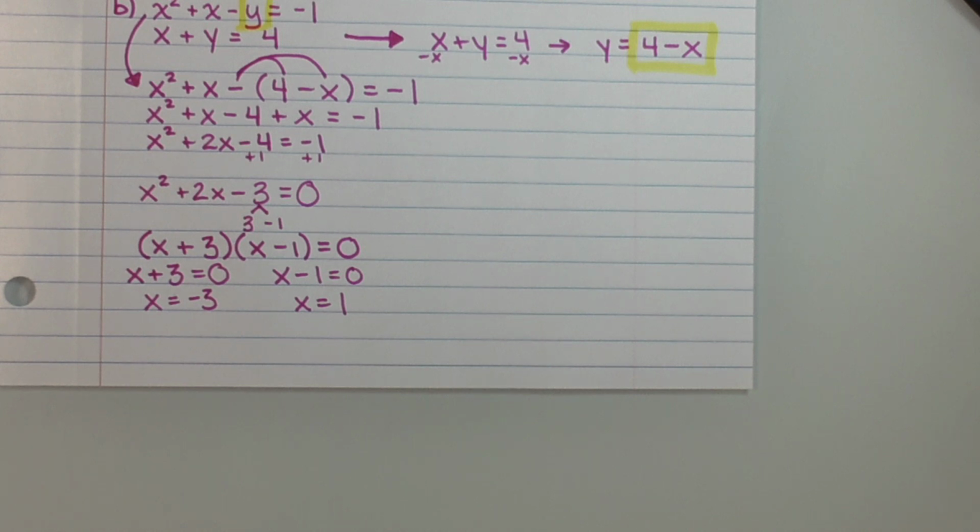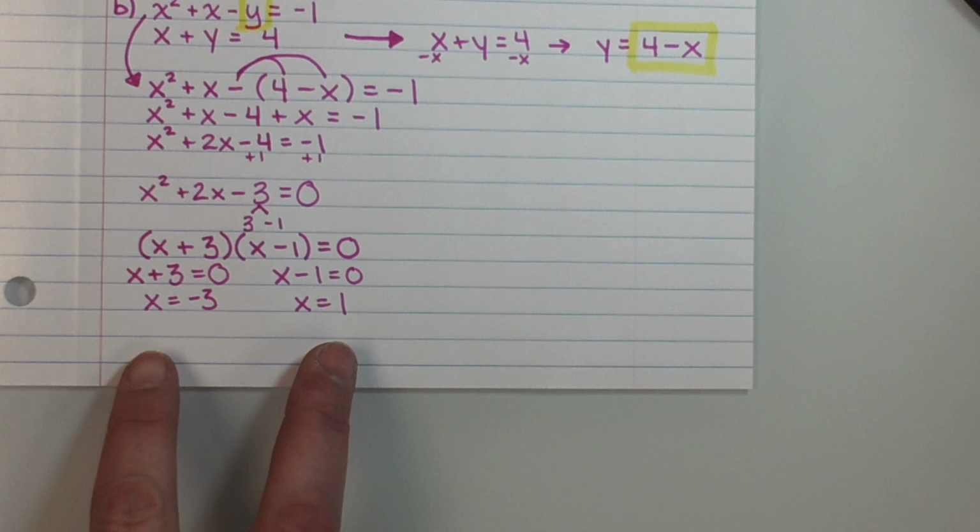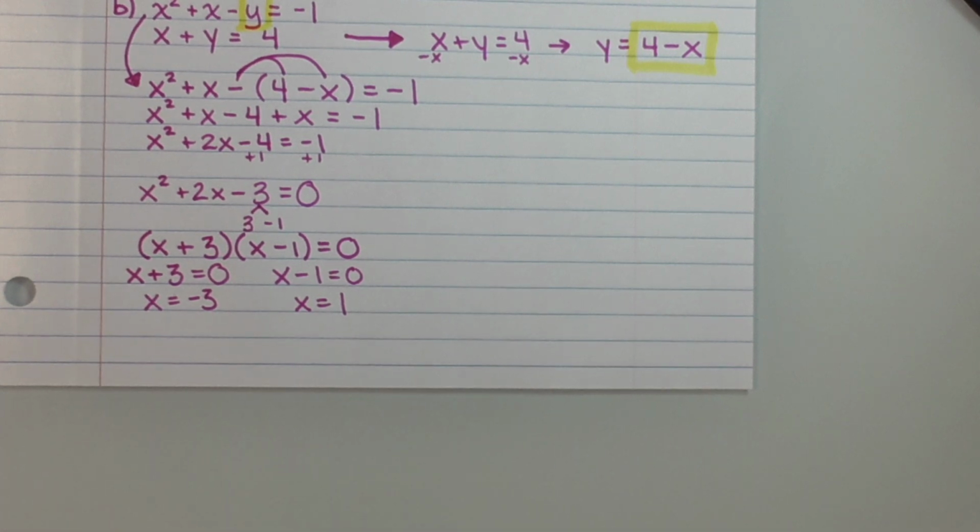This is a system of equations, which means we are not done because the solution to a system of equations should look like what? Coordinate point. Do I have a coordinate point? Can I make a coordinate point out of 2 x values? Also, no. To make a coordinate point, you need an x value and a y value. How many solutions is this one going to give me? 2, because it gave me 2 x's, which means it's got 2 y's that go with it.